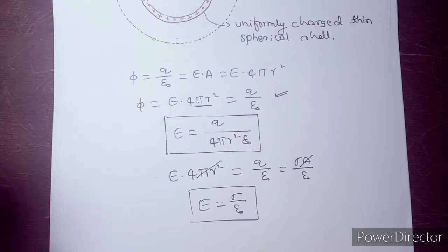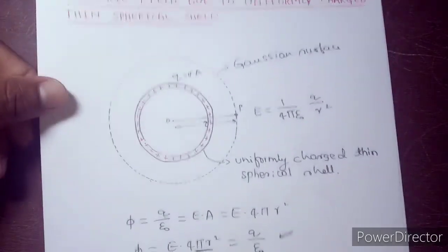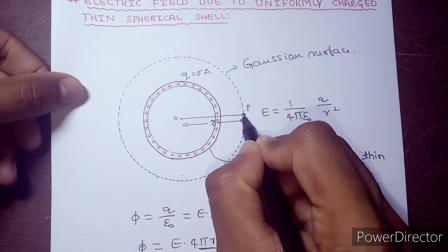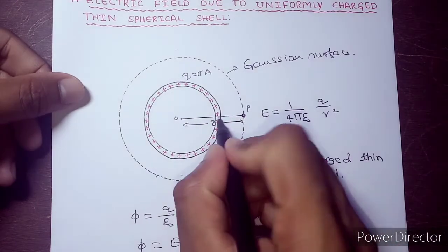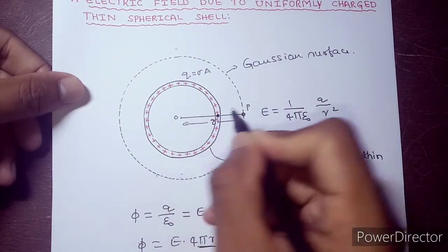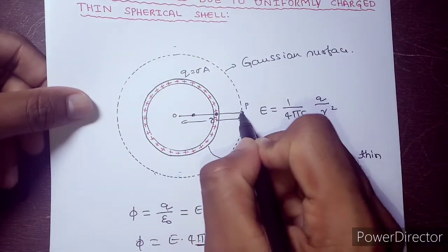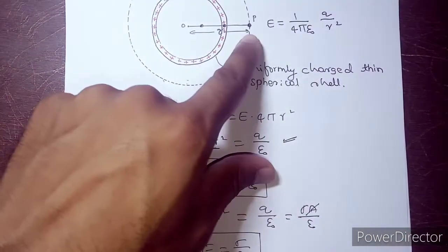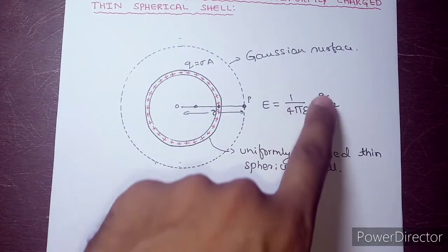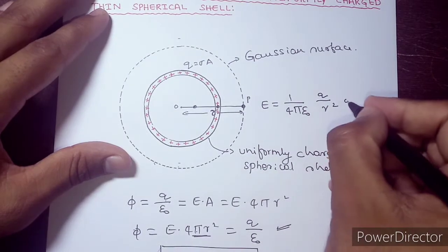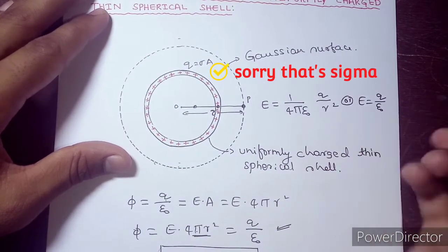Okay. So here we can find the electric field at 3 different points. One is here, at which we have considered the Gaussian surface. Then we can consider the electric field on the surface of the shell also, and electric field inside it. Outside the spherical shell, electric field is this much only, 1 by 4 pi epsilon naught Q by r square, or E is equal to sigma by epsilon naught.